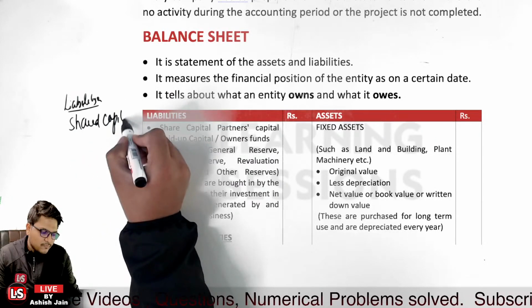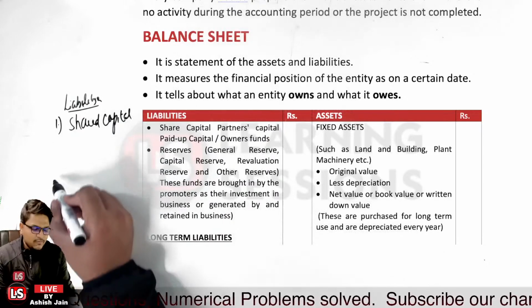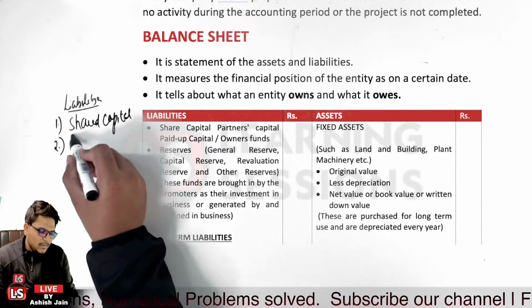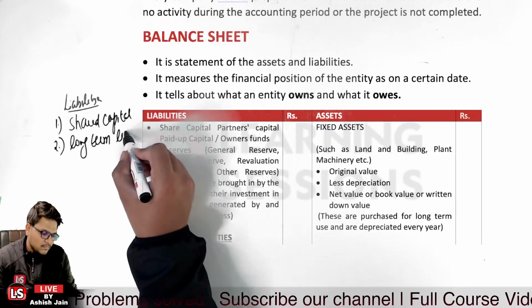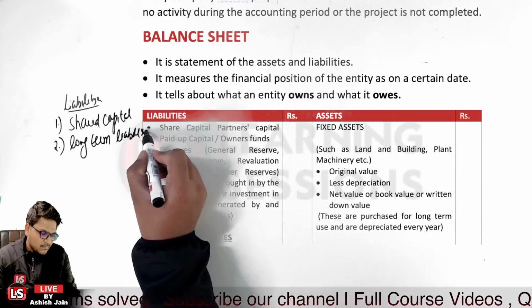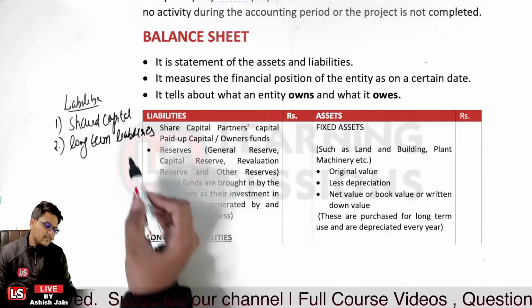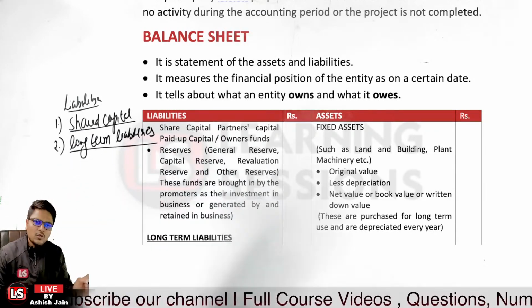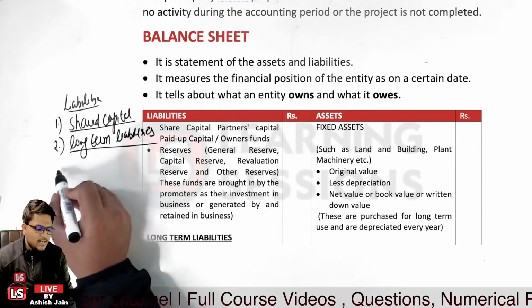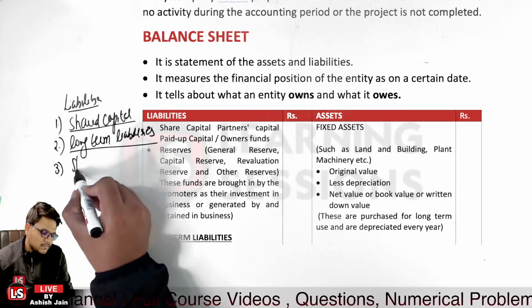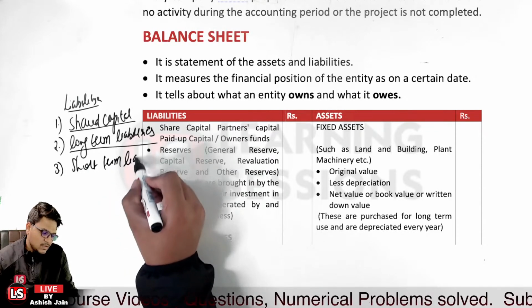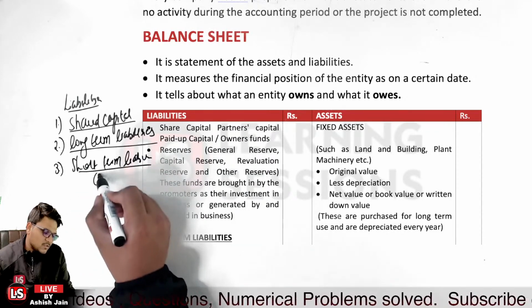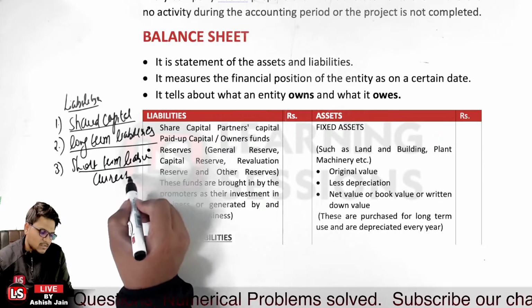First of all, we are having the share capital, then we are having the long-term liabilities. After that, we are having the short-term liabilities, which are also said to be the current liabilities.